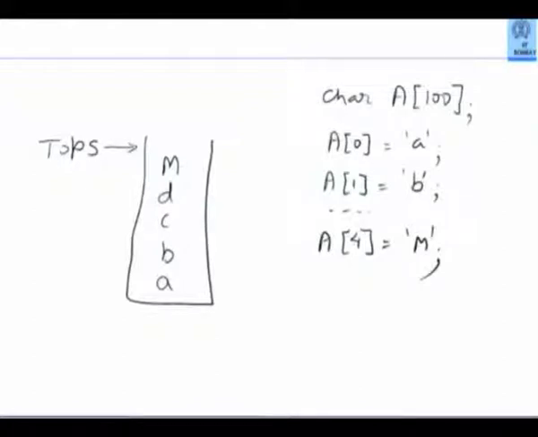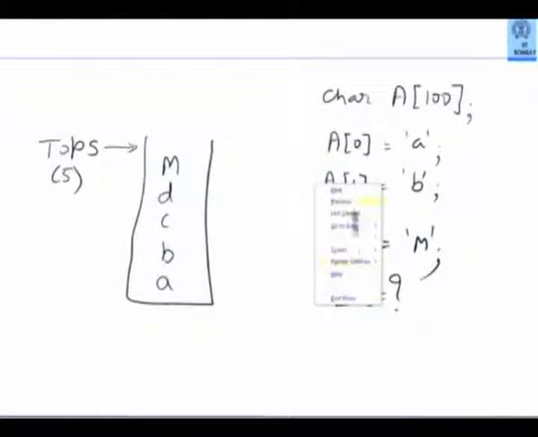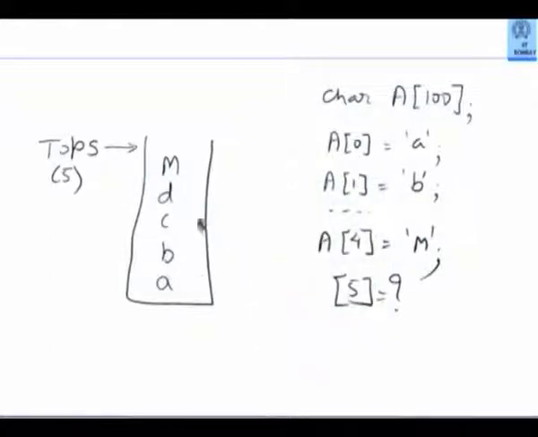So this position should actually be 5 because fifth element is ready to accept a value. If top of the stack is set to 5, and if these are the elements of the array A which contain the values as depicted, then you will agree that what this represents is actually the current situation of this stack.